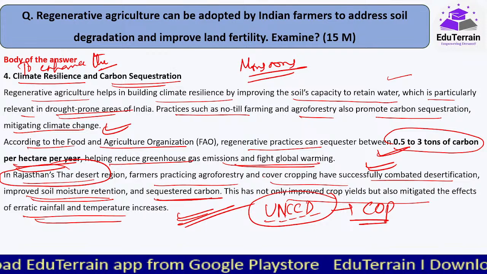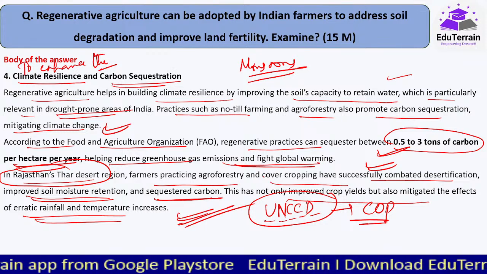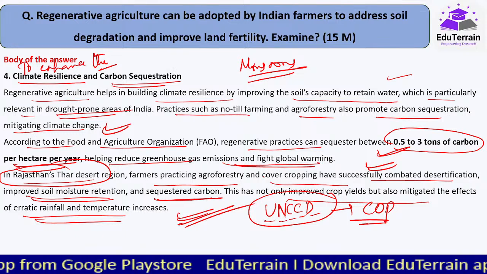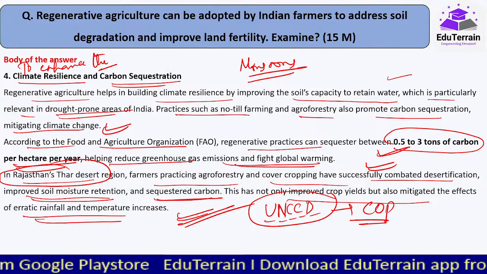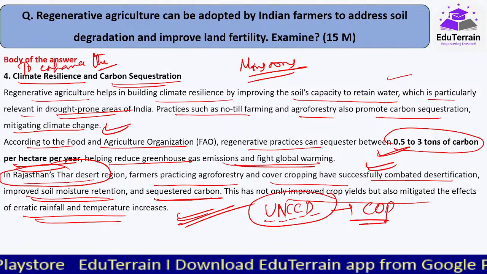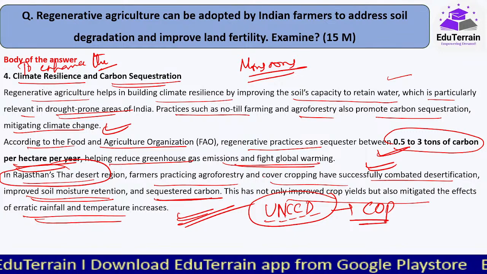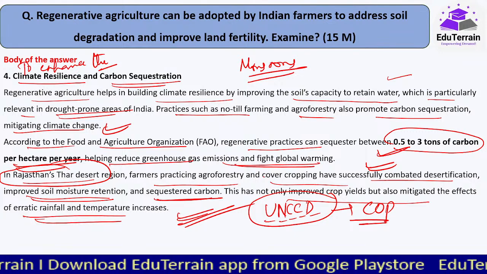Many a times if you notice, there would be a reason why a particular scheme is launched. In the reason, when they highlight, they give a lot of facts and figures. Currently in agriculture, farmers are not able to get so and so amount, not able to get standard income and all that.